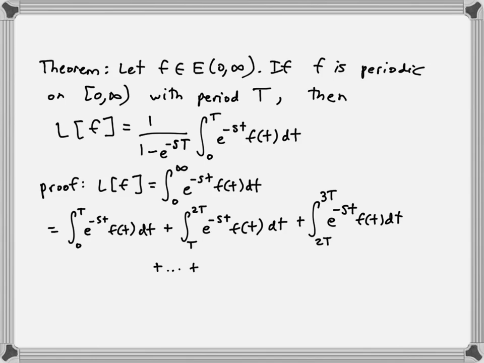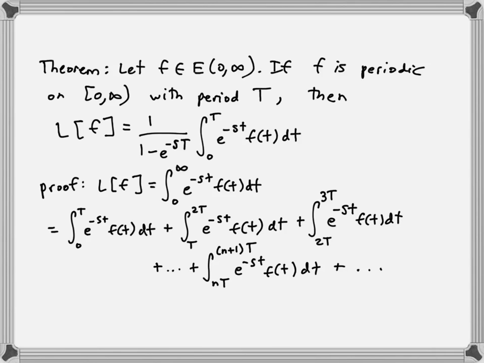What is the nth one going to look like? The nth one, of course, would be going from nT to (n plus 1) capital T of e to the negative st f of t dt.